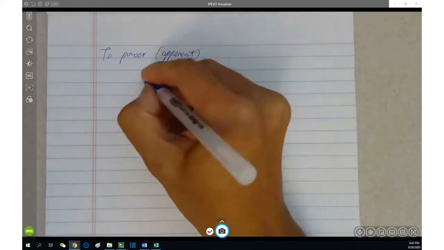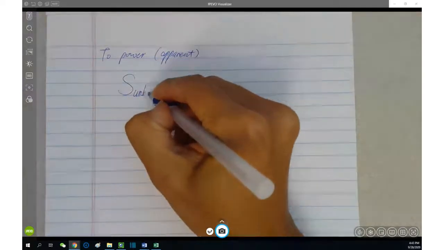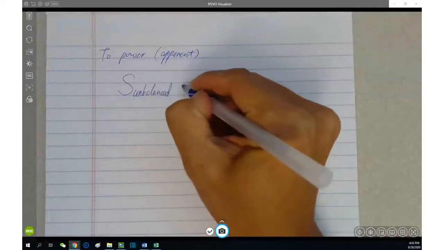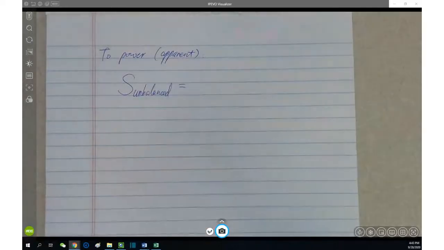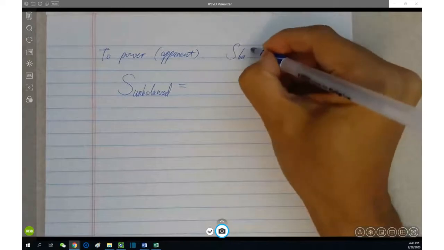So first of all, what is the unbalanced total power equal to? What do you guys think? Or let's begin with the balanced.